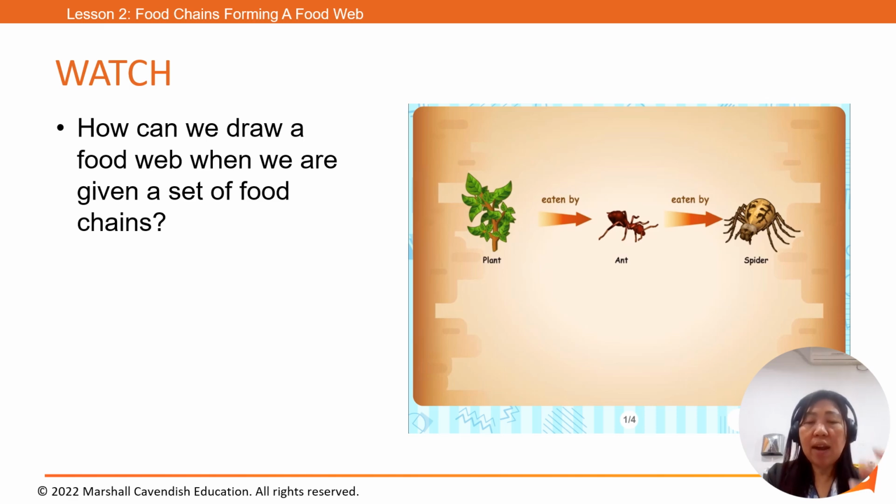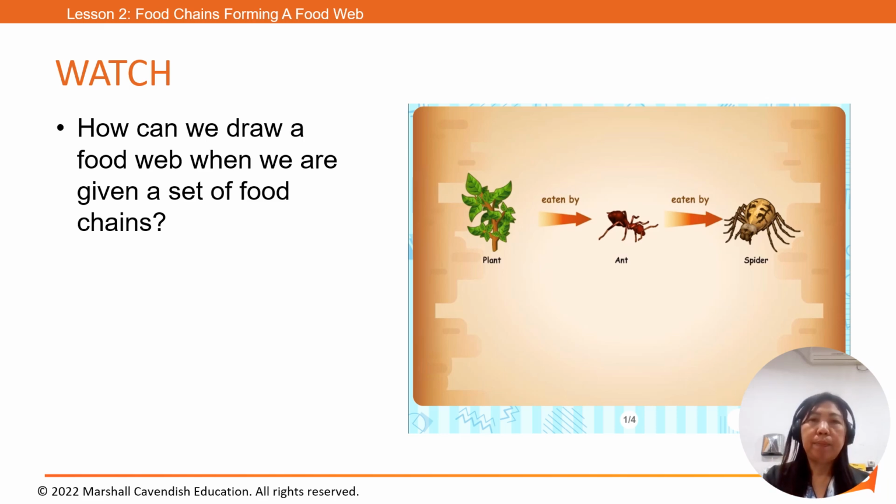So the energy from the plant is transferred to the ant, and then the energy of the ant is also transmitted to the spider, when all of these living things are eaten by the other living things.